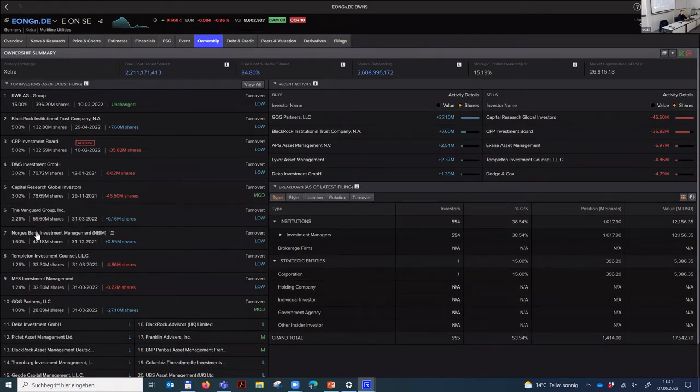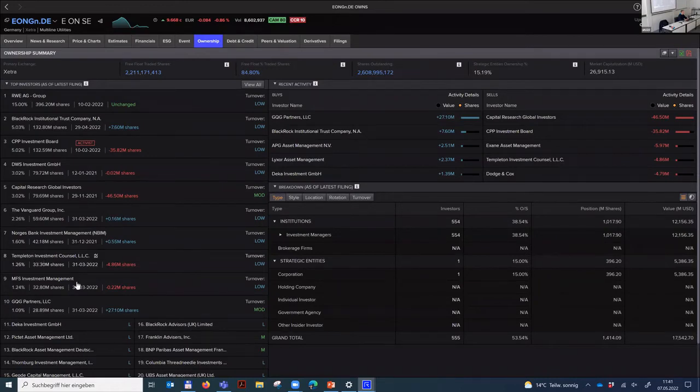What is this? Norge Bank Investment Management. Yes, it is this huge fund that invests, let's say, the money they earn from gas and so on. Yeah? And what you will find usually is BlackRock, this Norge Bank Investment Management Fund, Vanguard Group, Templeton, these are the standard big players.